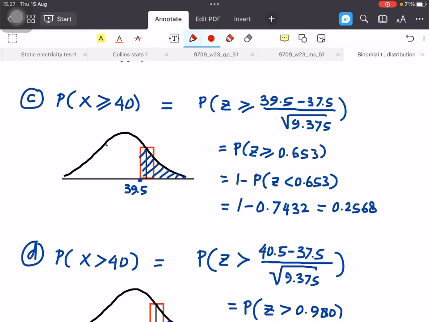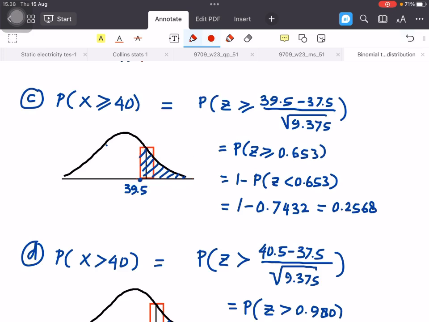Now we continue to part C. In part C, we are asked to find probability X greater than or equal to 40. Again, 40 here is included. So use the same diagram, shade the right part of the region, and the rectangle is shaded.